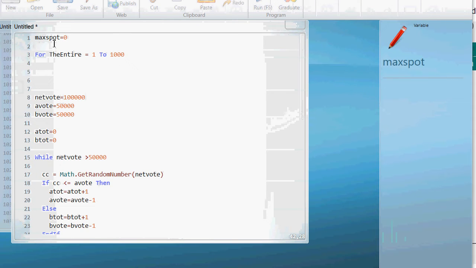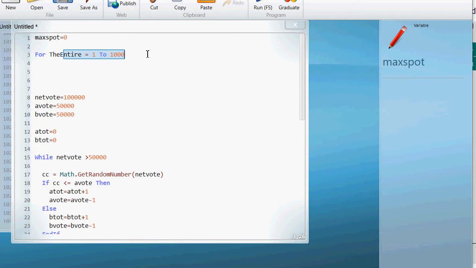Basically, what it does is it does a loop of 1,000. It takes 100,000 votes, 50,000 for each side, and starts the calculation at 0, and then it does 50,000 of them.